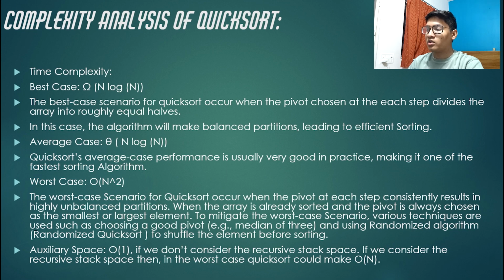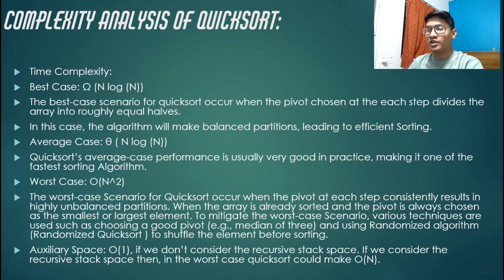To mitigate the worst case, various techniques are used, such as choosing a good pivot like median of 3 and using a randomized quicksort to shuffle the elements before sorting.